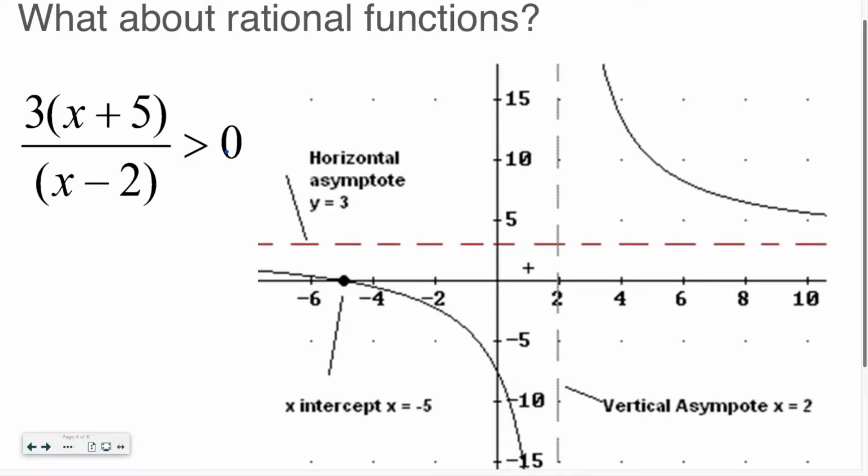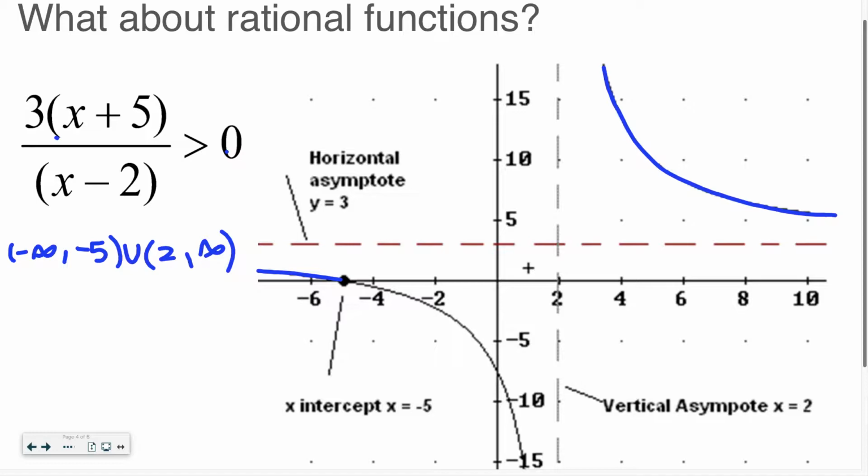Okay, so over here, right? Anywhere else? Okay, right here, right? I just highlighted in blue where we are positive, because I want my rational to be greater than 0. So we could describe from negative infinity to negative 5, and from 2 to infinity, we are above the x-axis.